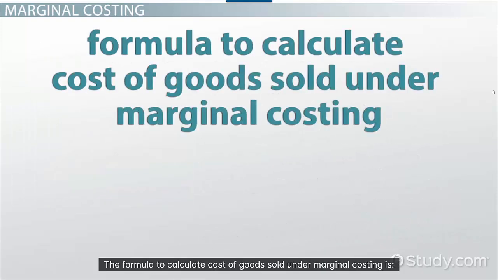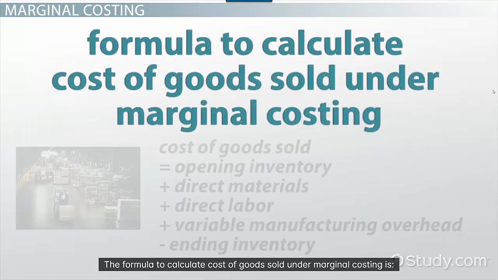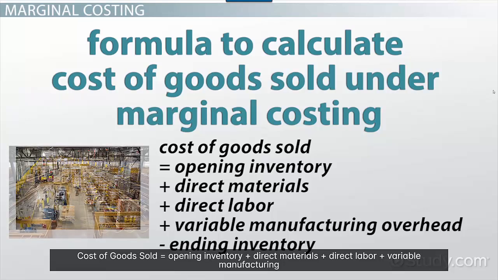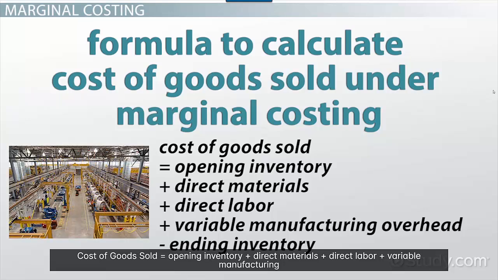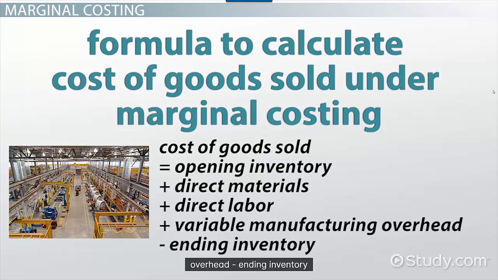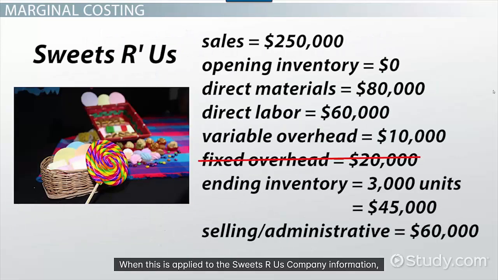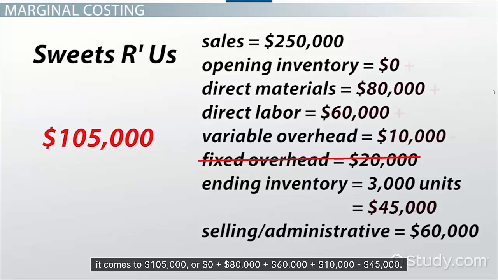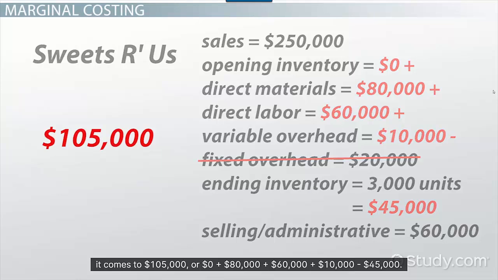The formula to calculate cost of goods sold under marginal costing is cost of goods sold equals opening inventory plus direct materials plus direct labor plus variable manufacturing overhead minus ending inventory. When this is applied to the Sweets R Us company information, it comes to $105,000, or 0 plus 80,000 plus 60,000 plus 10,000 minus 45,000.